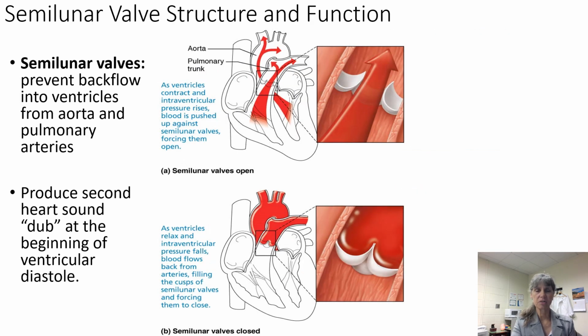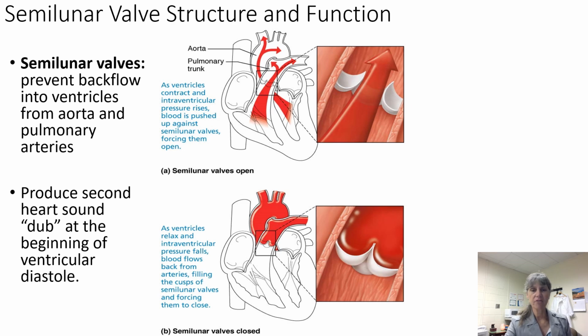This takes us to the semilunar valves. The semilunar valves are located between the right ventricle and pulmonary trunk, as well as the left ventricle and the aorta. And somebody decided that they look like little moons, and that's how they got their name.